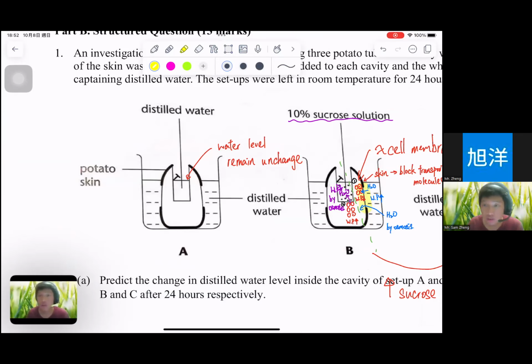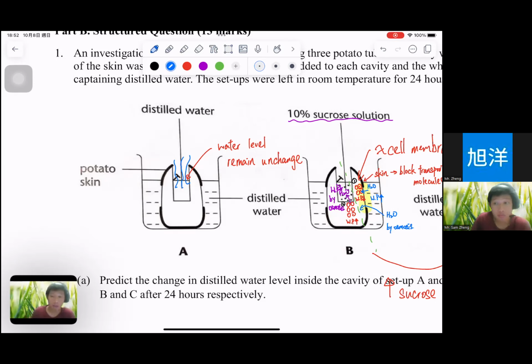Some students could answer that there will be evaporation of water. We notice that, for example, if we place a beaker of water for maybe 7 days, a week, you will realize that there is a reduction in water level due to the evaporation of water.